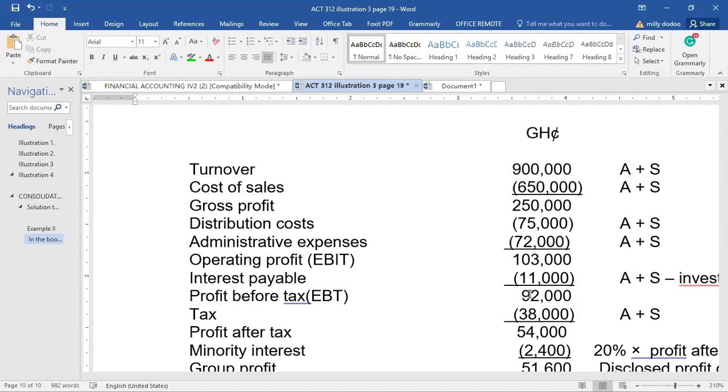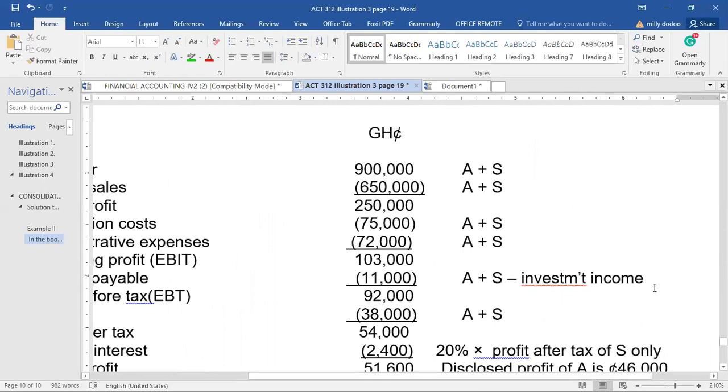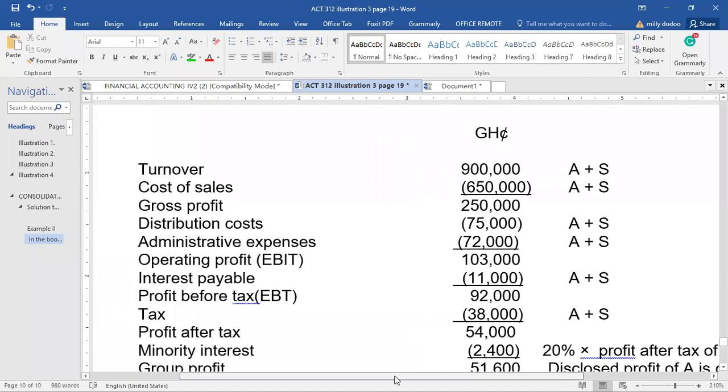So the 8,000 and the 3,000 will be added together, and then we'll get 11,000, because acquirer has not invested in debentures of S.